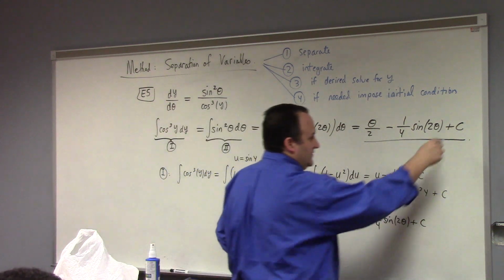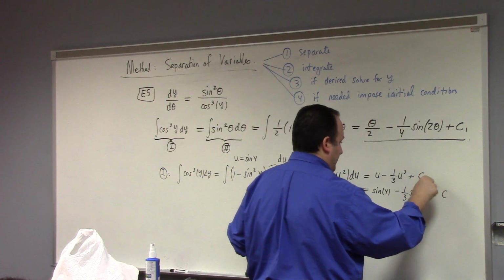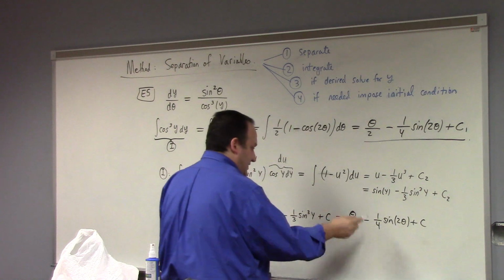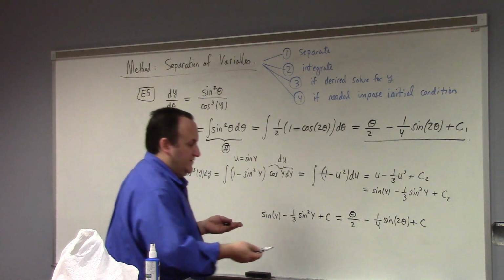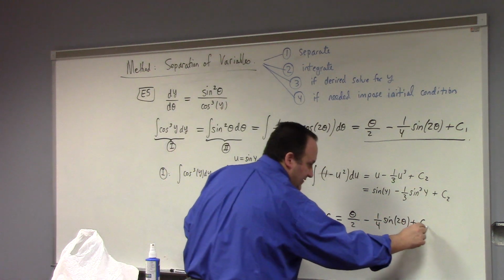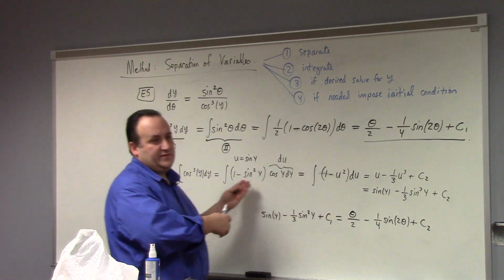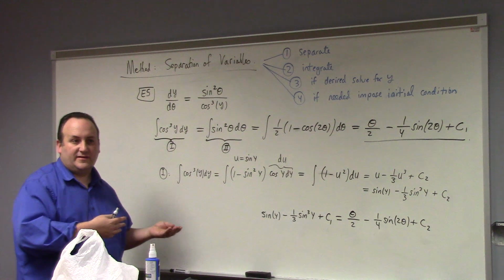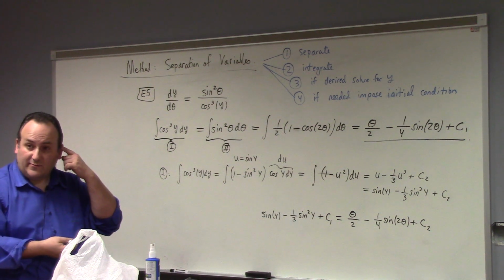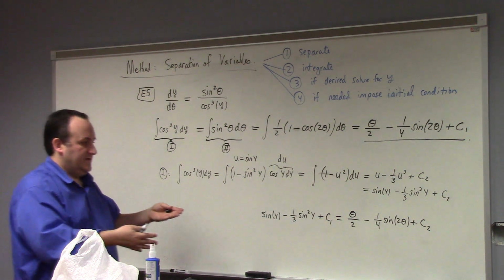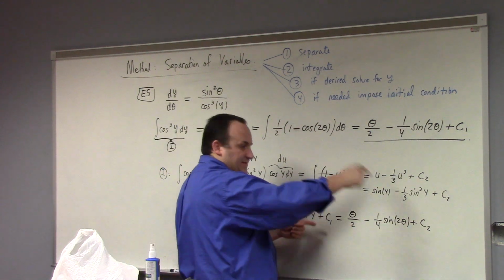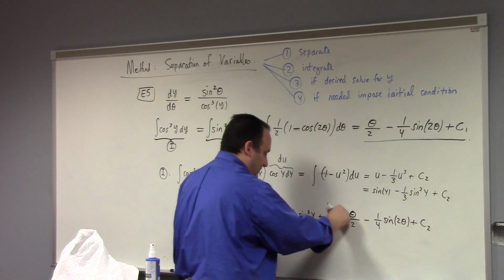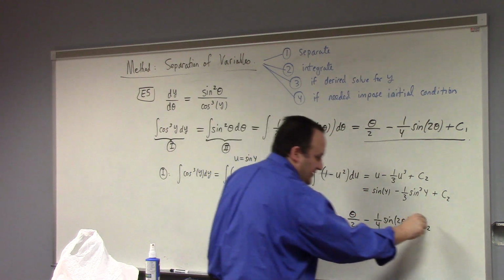You can call this C1 and this C2 if you like, but we don't need both. If I put a C1 here and a C2 here, I might as well absorb them and call them collectively just C. Essentially, subtract C1 over to the other side, then you'd have C2 minus C1.